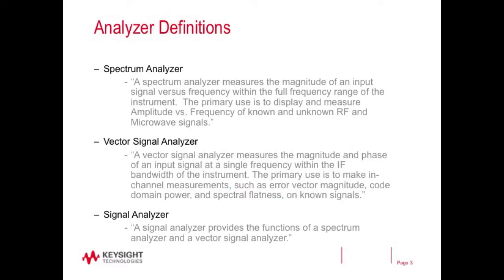We talked about that a little in the last presentation. With that phase information, we can do things like digital demodulation, where we can measure things like error vector magnitude. And then a signal analyzer combines functions of both a spectrum analyzer and a vector signal analyzer.